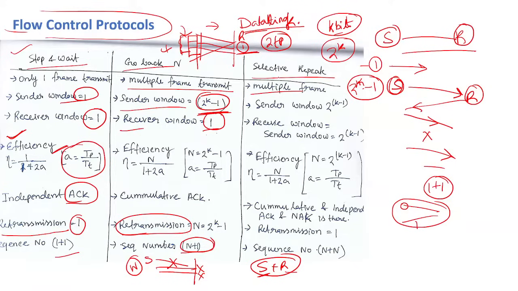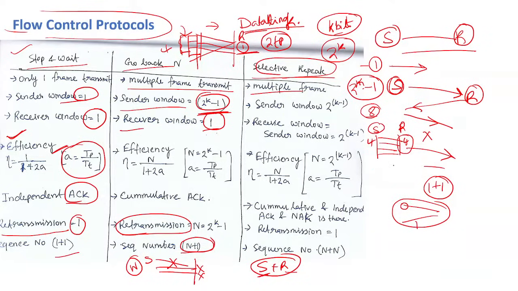Selective repeat, how does it work? Selective repeat divides the sender and receiver into half and half. Means if my capacity is 8, then the sender window size is 4 and the receiver window size is also 4. So at a time I am sending 4 packets, and the receiver is also receiving 4 packets.